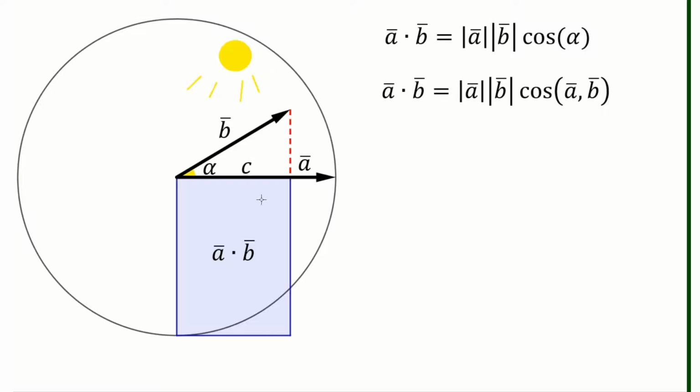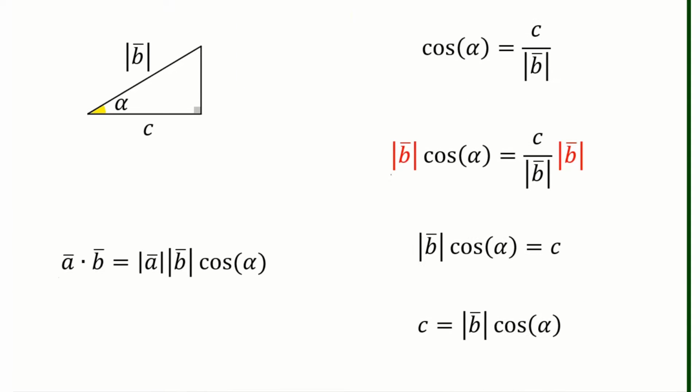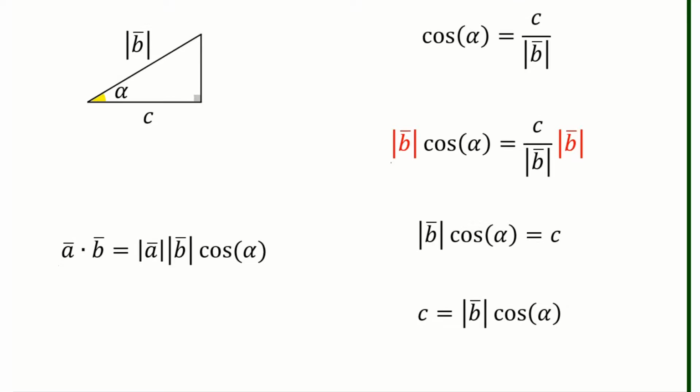When the shadow comes perpendicular toward this vector A, perpendicular, I mean this word. Alright? So we solved the C, which was this length here. Alright?